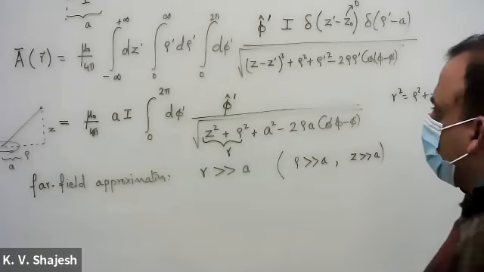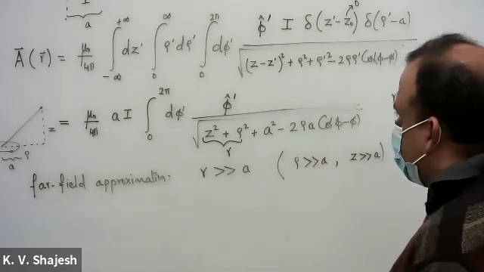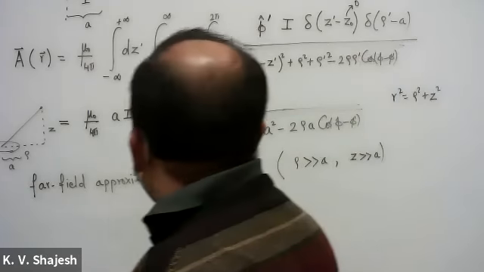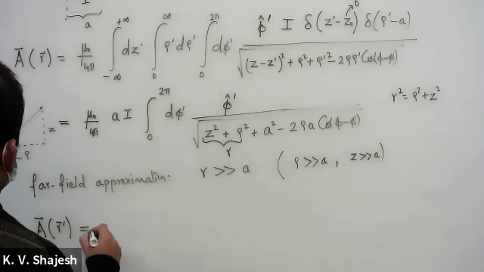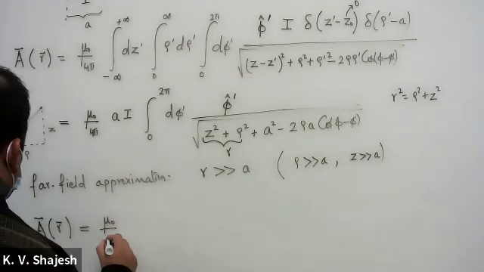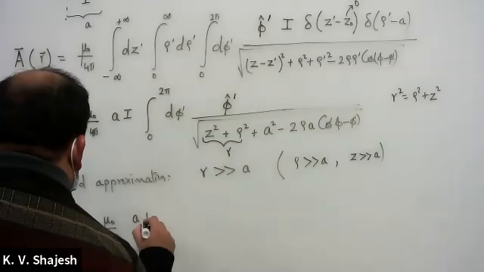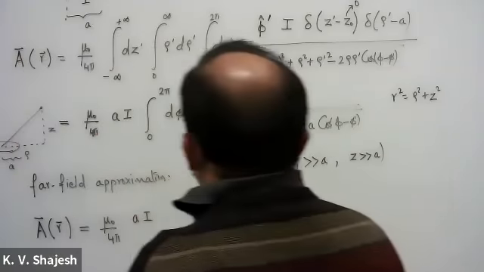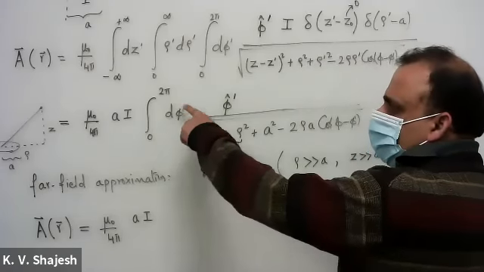So what can I do? I'm going to take out my r temporarily. So A of r is equal to mu naught over 4 pi, and then there is a times I. Now notice that the distance r is independent of phi prime.